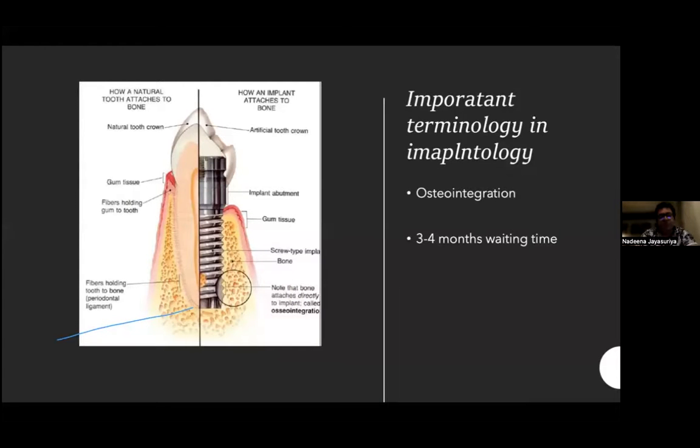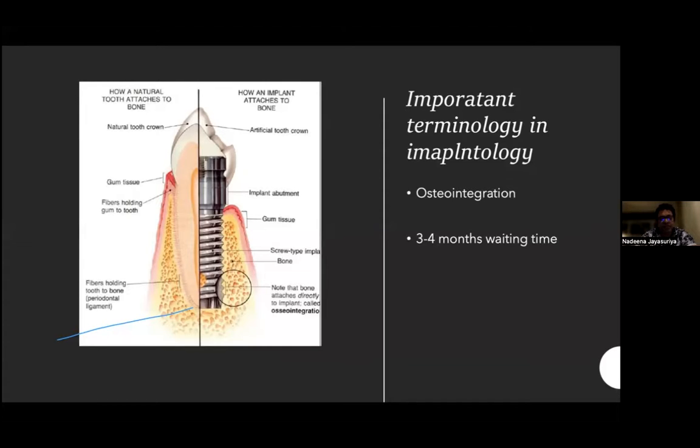So with an implant treatment, the most important word is osseointegration. That means the bone and the dental implant, the titanium surface, will fuse together. So this surface is titanium, and different companies make the surface in different ways.